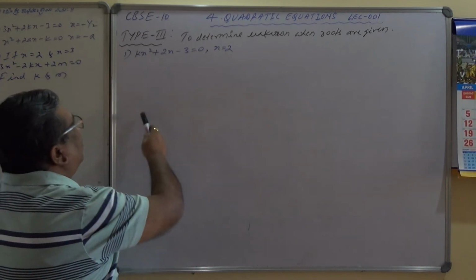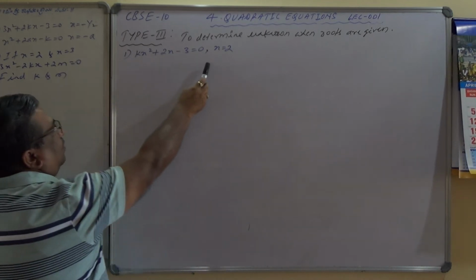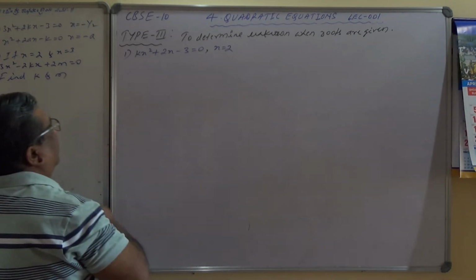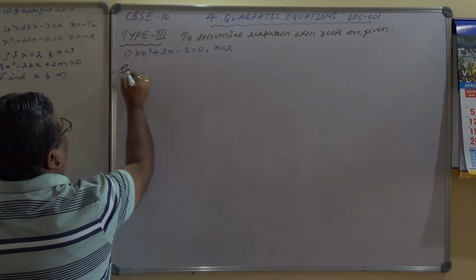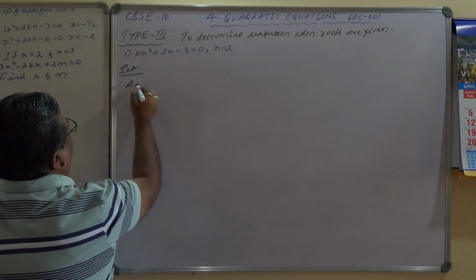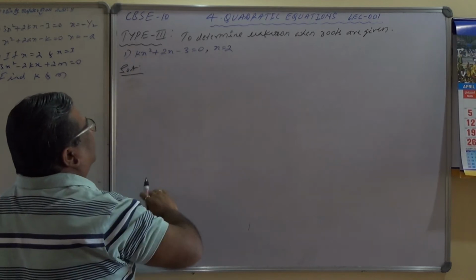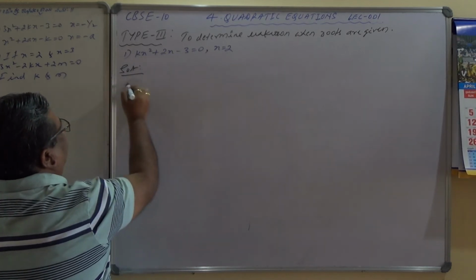Take the first one now. k x square plus 2x minus 3 equals 0, where x equals 2 is the root here, and therefore the solution. What is the given equation? This is the given equation, and x equals 2 is a root.